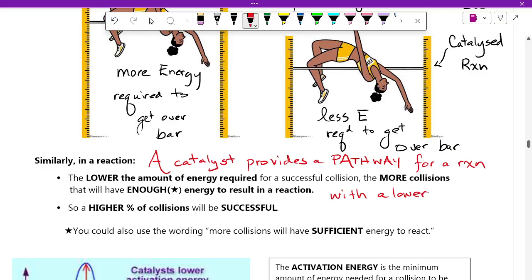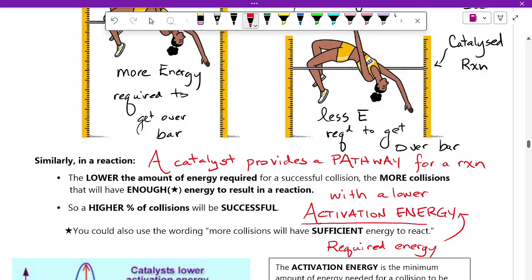Here's a new word, activation energy. What does activation energy mean? It means required energy, but activation energy is the official term. It's the minimum energy needed for a collision to be successful.